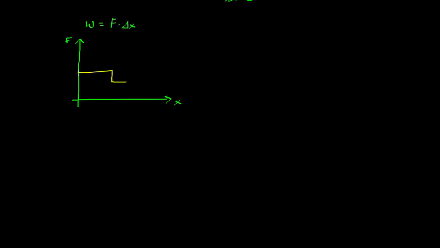And then it drops down, and then I apply a force, and then it's gone. Okay, so let's say that this is 2 and then 1.5. And then we'll do 1, 2, 3, 4.